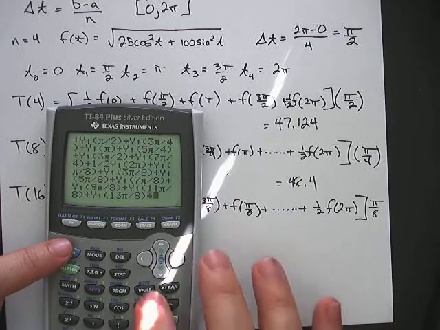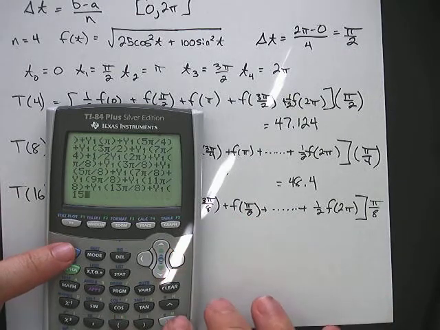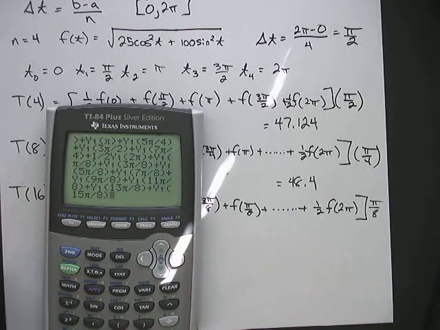Almost there. 15 pi over 8. Okay, so that should be the last one, because if we go one more pi over 8, that'll be 2 pi. Okay, so that will be the inside.